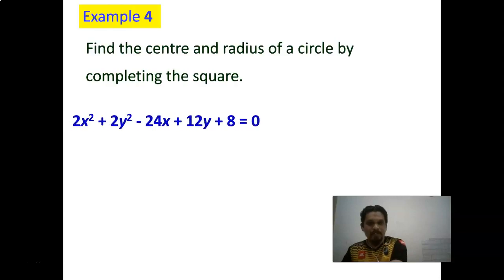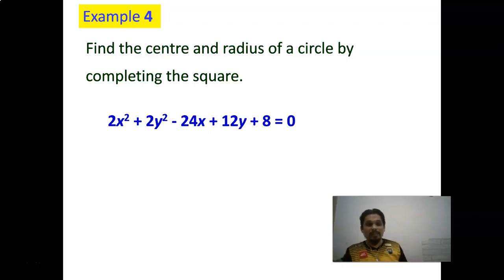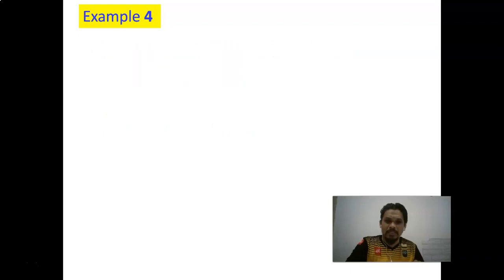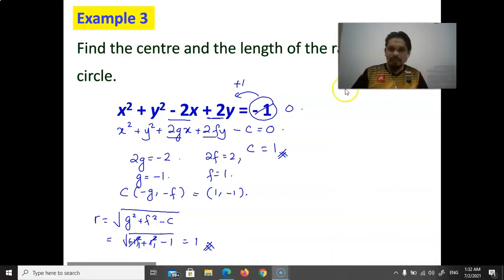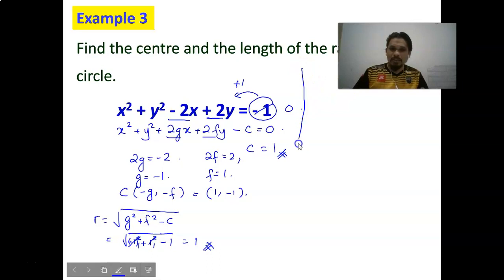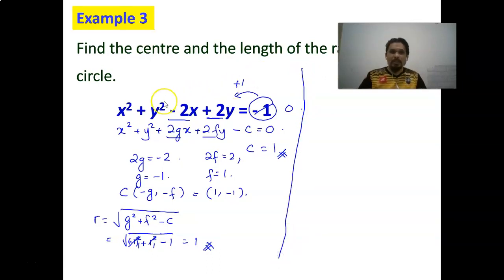Find the center and the radius of a circle by completing the square. Class, what if I show you whether there is any difference, or actually it is the same, if I find the center and the radius of this circle using completing the square? Let's find out now. x squared plus y squared minus 2x plus 2y plus 1 equal to 0.